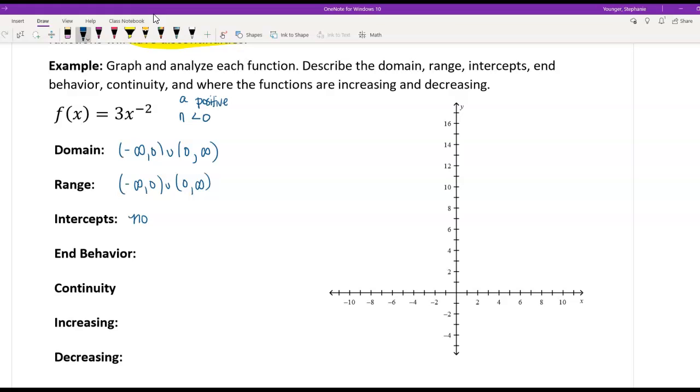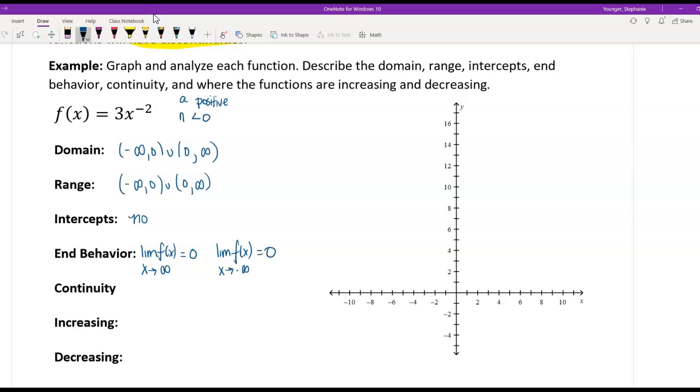My end behavior. So we know the limit of f of x as x approaches positive infinity is going to equal 0. And that is because as we put in number after number into that x, it actually makes our fraction smaller. So the same is going to apply as x approaches negative infinity.